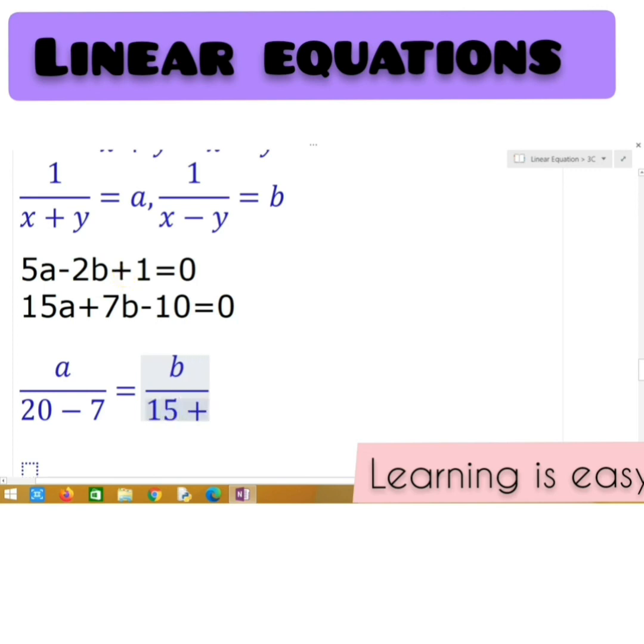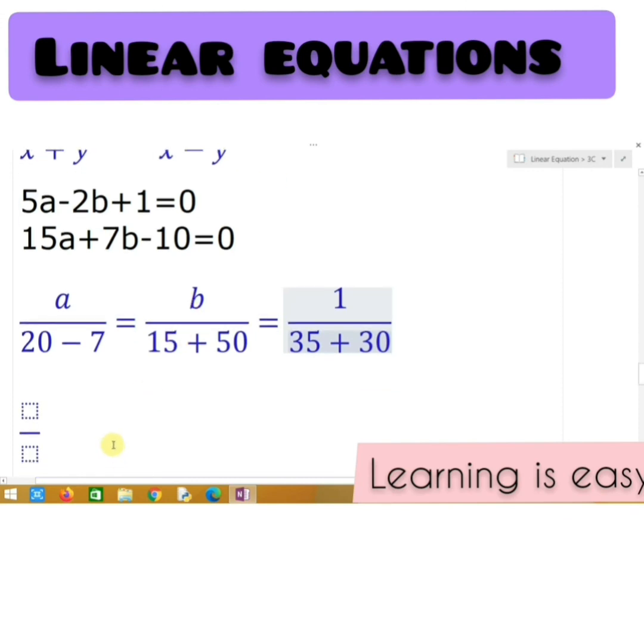So 15 minus of minus 50 is plus 50, equal to constant is 1 by 5 3s are 15, 15 2s are 30. So 35 plus 30, we can get the value of a by equating with constant, and get the value of b by equating the b and constant.